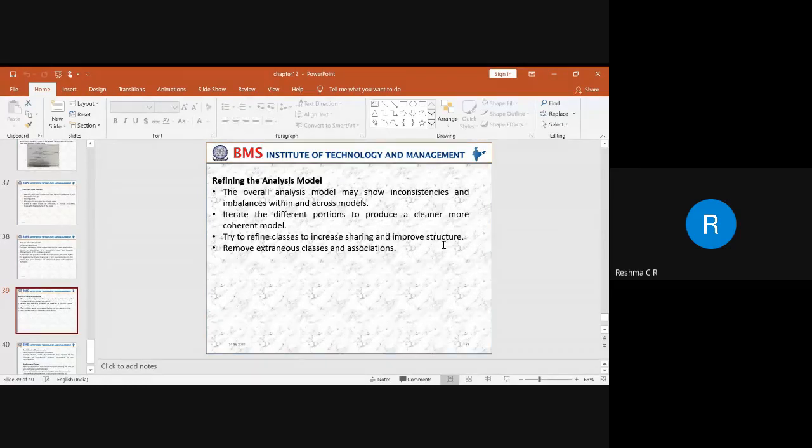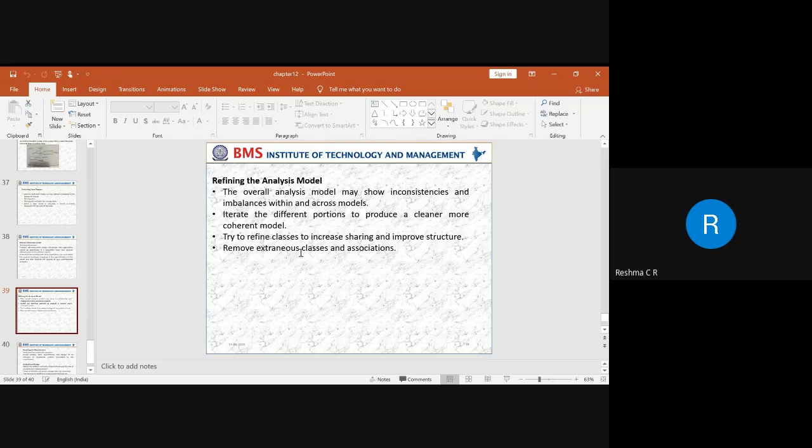That means to reduce the complexity, we are trying to bring in generalization. Through generalization, we can improve the structure of the system. Similarly, the same generalization can be used as use case generalization. By using that, whatever functionalities we have specified can all be stated in the model. That is how we are trying to improve the structure of the system.